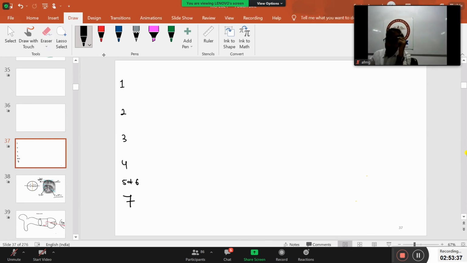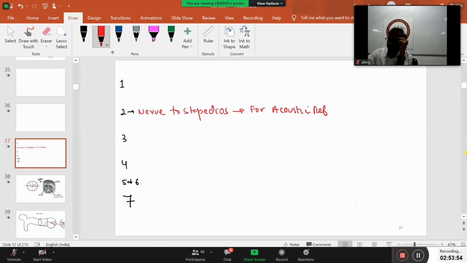So it is called the nerve to stapedius, for the acoustic reflex. It is efferent, am I right? And if it is damaged, it can cause hyperacusis. So this one we have discussed, so it's easy.